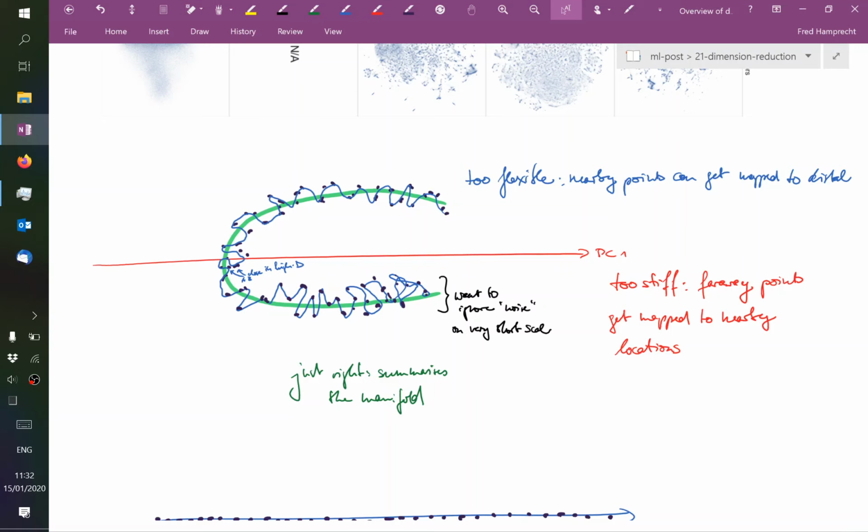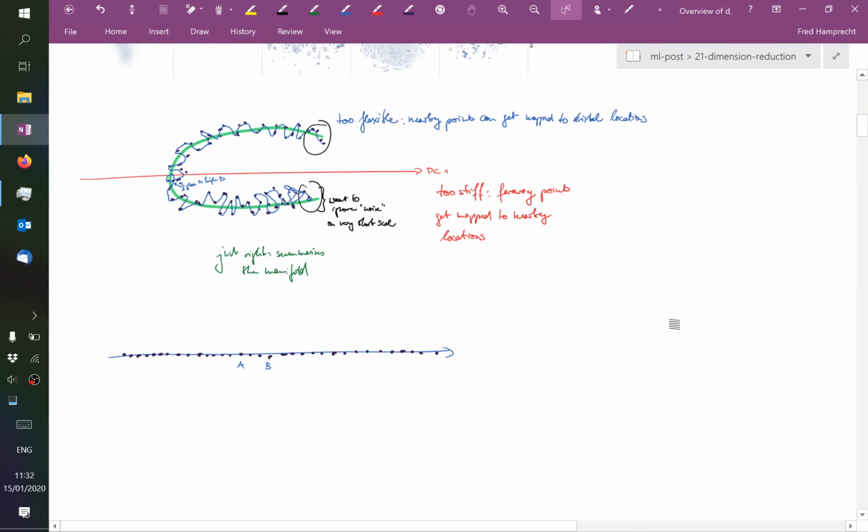So for example, the points which are here and the points which are there, in the high-dimensional space, they are not so far from each other, but in my low-dimensional plot of all these points, they end up very far apart from each other. Now, this is bad, but there is some price we do have to pay when we want to reduce dimensionality. So this is a price that I'm willing or have to be willing to pay.